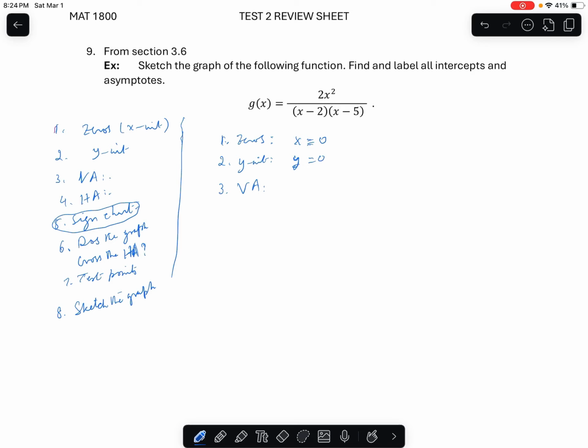We see in the given function, we don't have any common factor. So the VAs will be x is equal to 2 and x is equal to 5. So we write it like this. We do not write VA 2, 5. You lose points if you write like that. Always we give the equation of the vertical and horizontal asymptote.